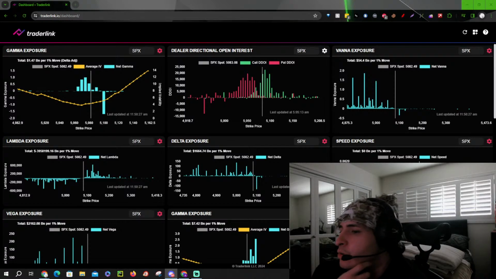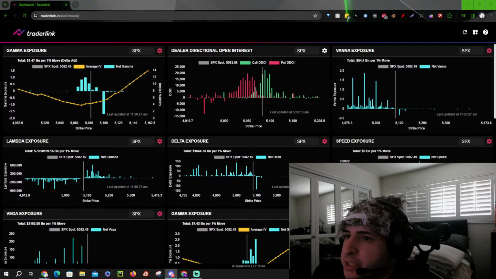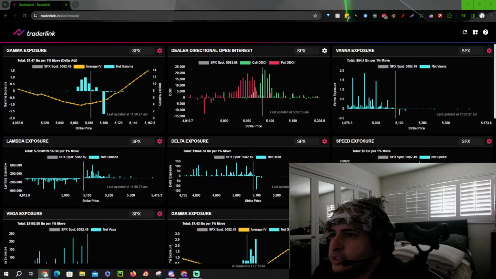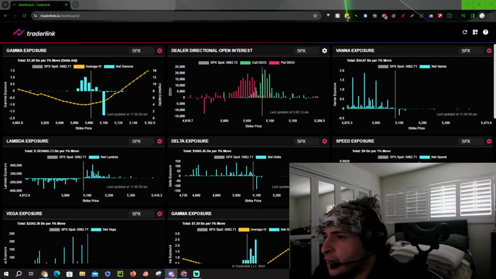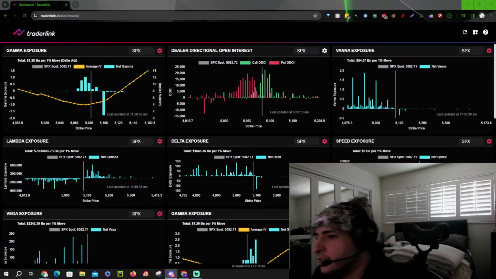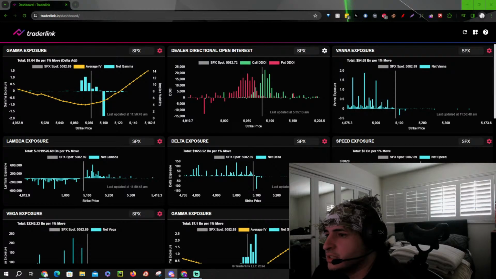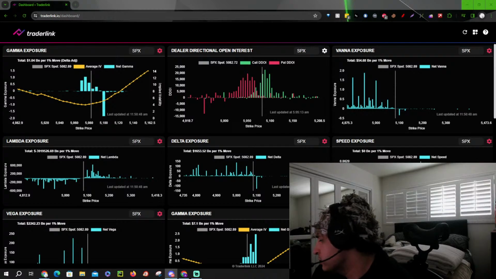The only one that won't is gamma exposure, because it's based on underlying price movement, right? So if underlying price moves too far up, it's going to revert back down. If it moves too far down, it's going to revert back up in this type of environment. As for these two, you're going to want to wait till the end of the day to see a pump. That's kind of how you should go about utilizing these bad boys.